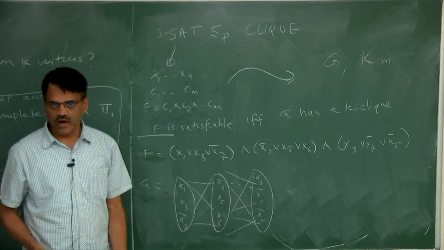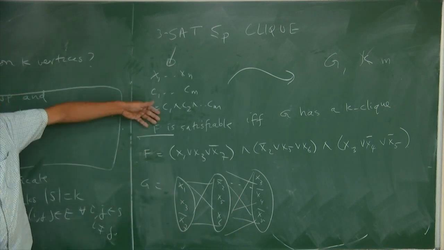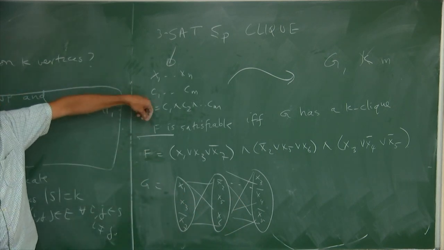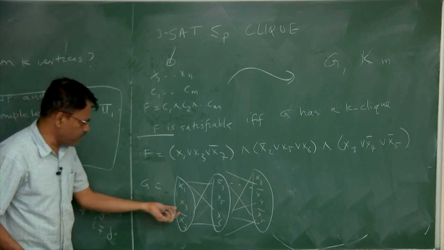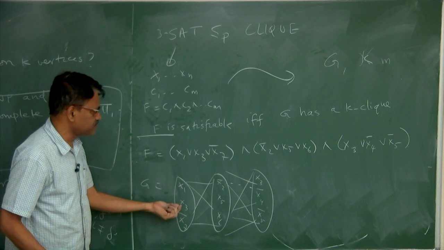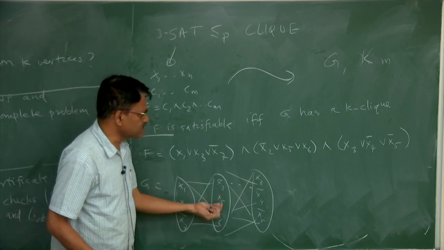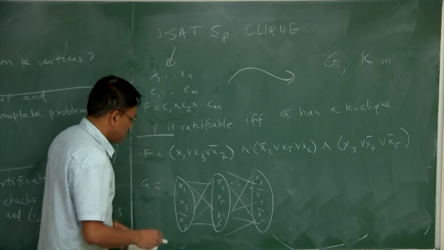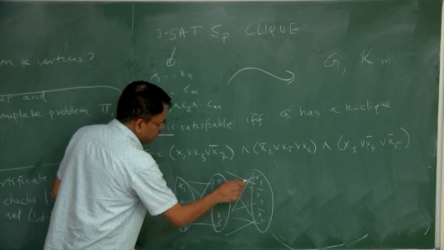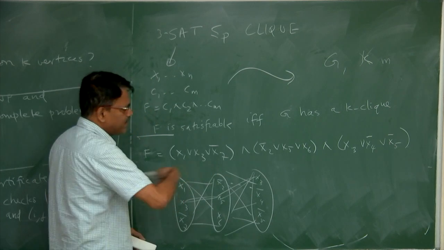Now, if f is satisfiable, there is some assignment that satisfies f. Suppose x3 satisfies this, x5 satisfies this, and maybe x3 satisfies here, then I will have a 3-clique here, because I made a complete M-partite graph here.